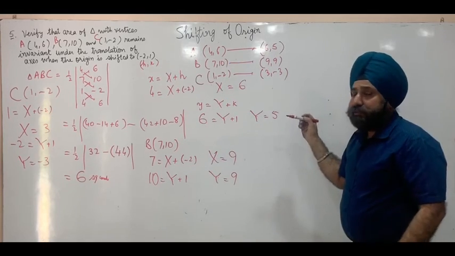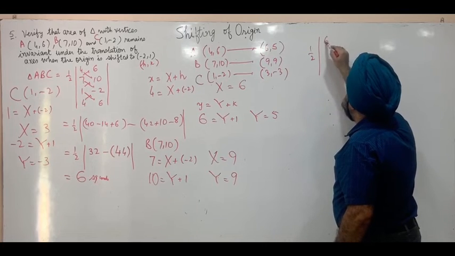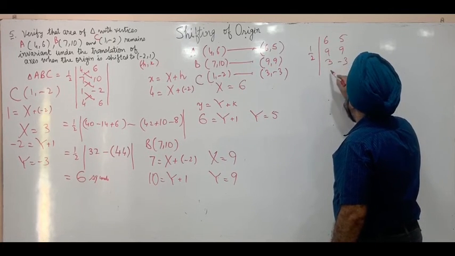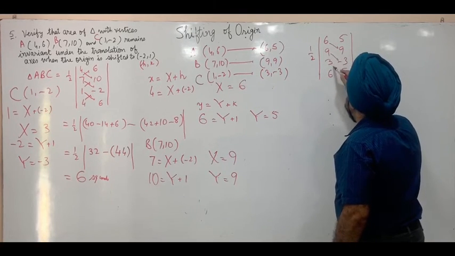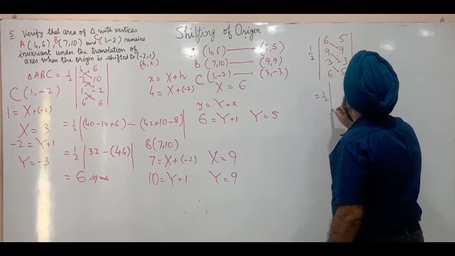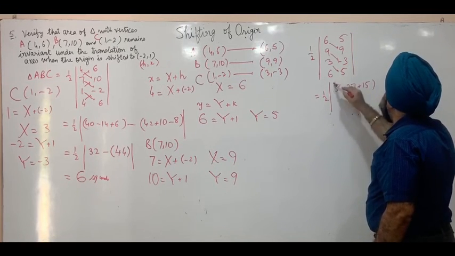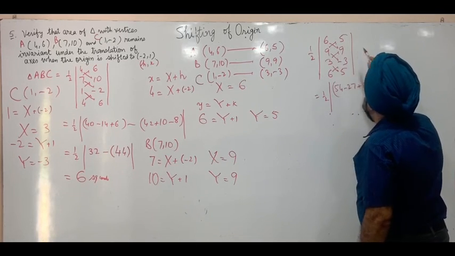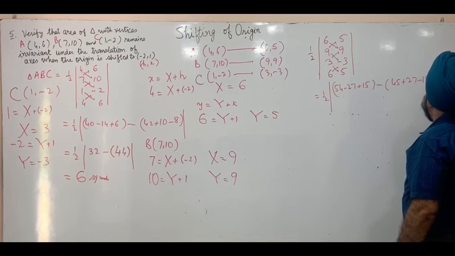We find the area of the triangle with these coordinates. It's half, (6, 5), (9, 9), (3, minus 3), (6, 5). These downward arrows: this is 54 minus 27 plus 15, and minus these upward arrows: this is 45 plus 27 minus 18.